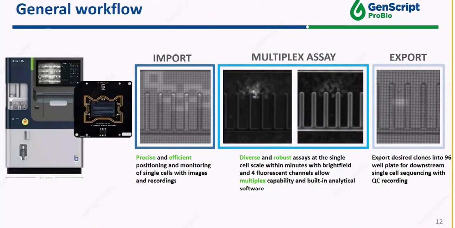There are three main steps that make up the general workflow for single B-cell screening using the Beacon or the ProSpeed system. First is importing the cells. Next is assay, and finally exporting the cells.